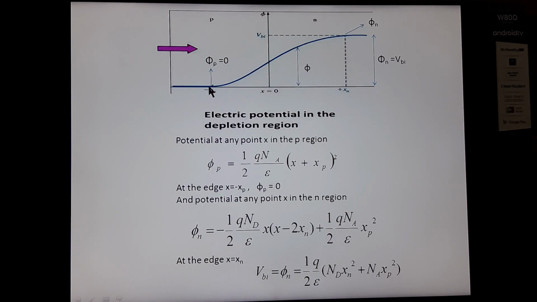That is, we consider here the potential at the end of the P side depletion zone as a zero reference value, and at the end of the N side of the depletion zone as phi n.